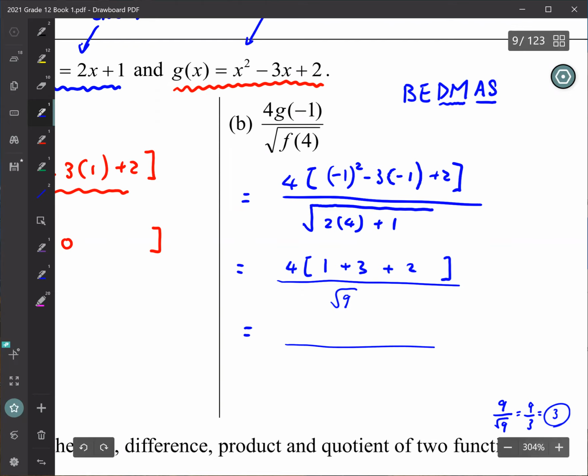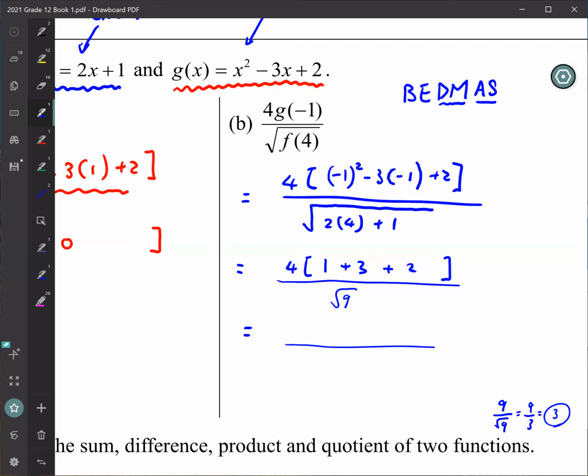Go on, let's complete the numerator. What do we need to do next? Do you see brackets? Do the stuff inside the bracket first. There's more than one thing in the bracket, right?